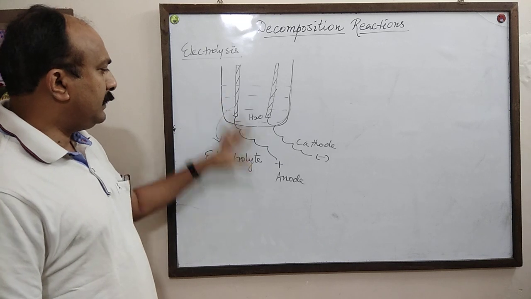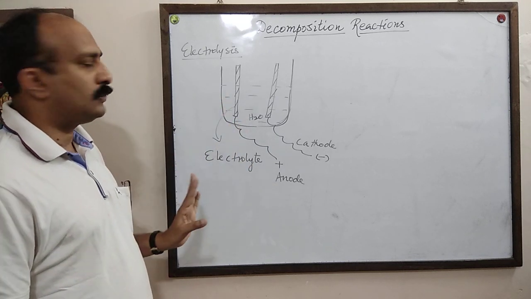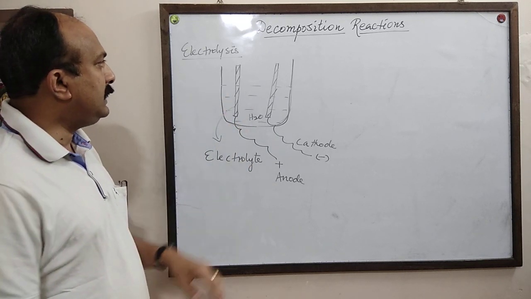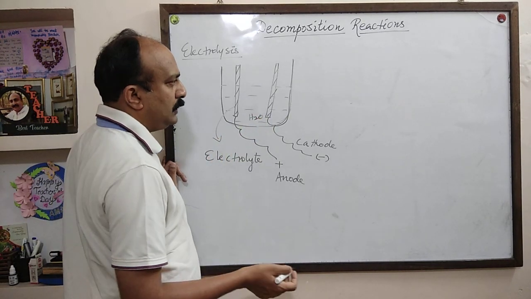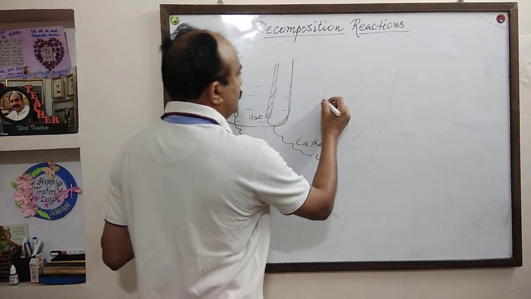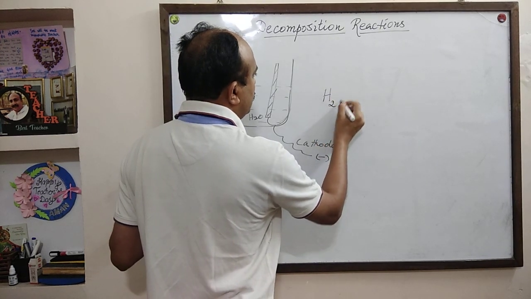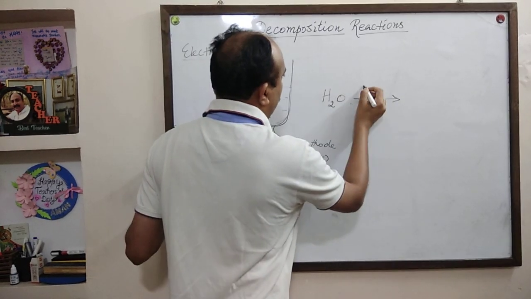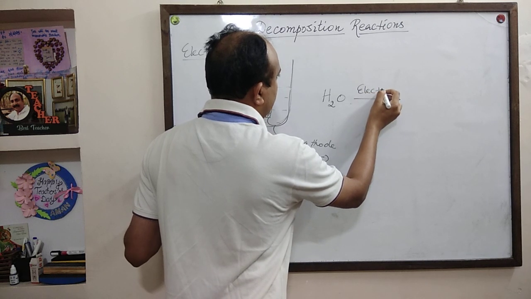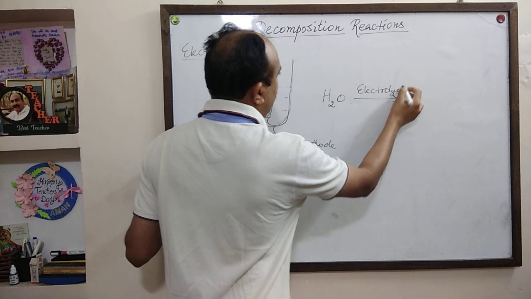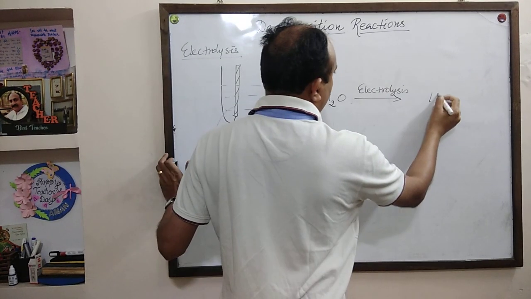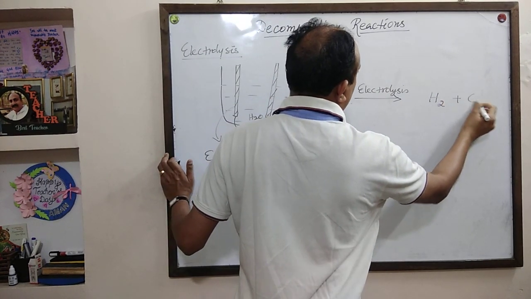So when electricity is passed through water, you can see this water H2O will be split into hydrogen and oxygen. So water, that is H2O, on passing electricity, or this process is called electrolysis, it will split into H2 and O2.